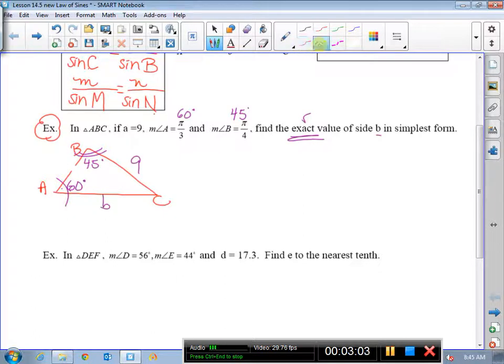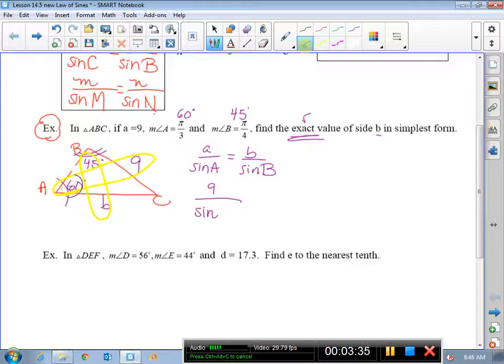So what I do when I'm looking at these is if I have a matchup of a side across from an angle and a side across from an angle, I sort of look for that crisscross in my triangle. If I have that, then I know I'm using the law of sines. So let's set this up. Side A is to the sine of angle A, as side B is to the sine of angle B. Side A is 9.